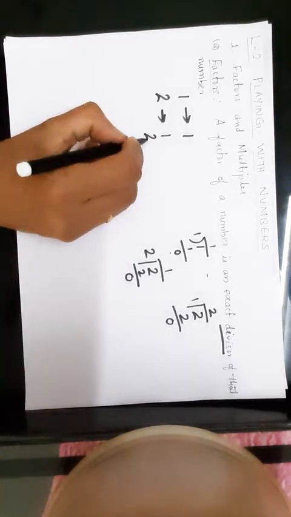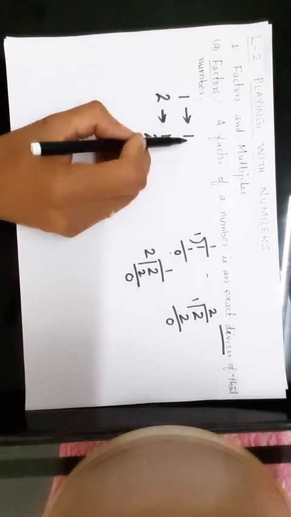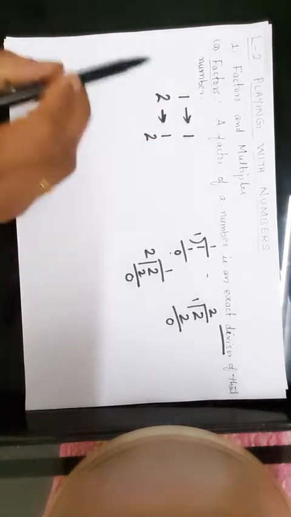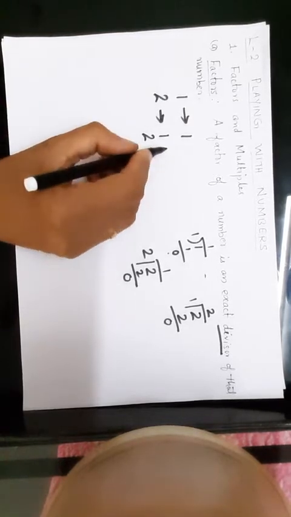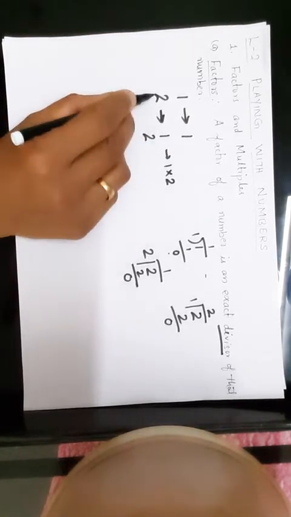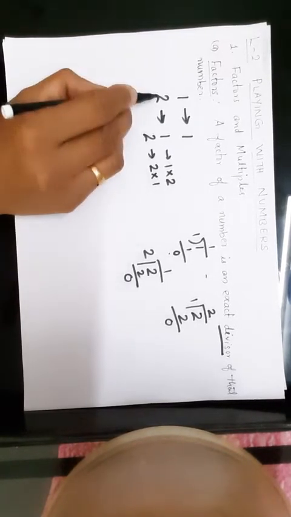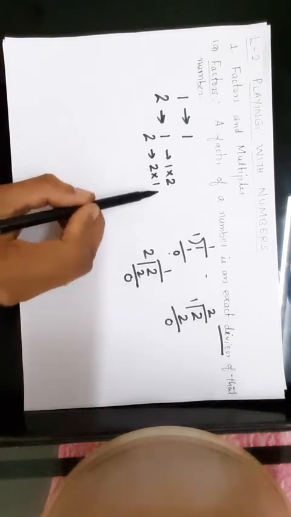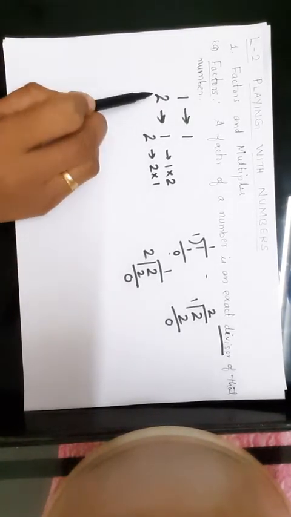So 1 is a factor of 2, and 2 is also a factor, because 1 into 2 is 2 and 2 into 1 is 2. So 1 and 2 are the factors of 2.